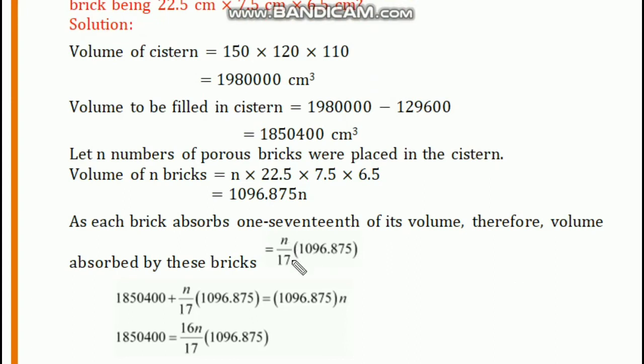So here I multiplied by 1 by 17, and the answer is n by 17 of 1096.875. This is the volume of water absorbed by the number of bricks.